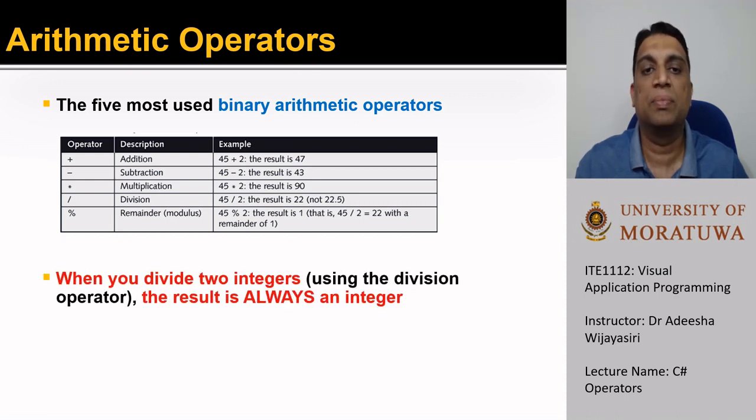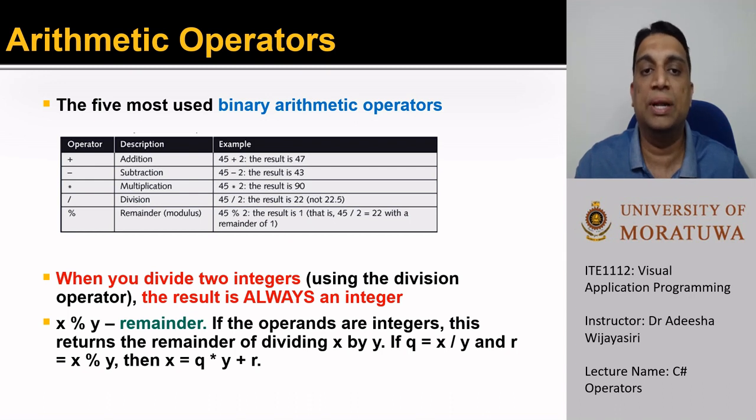In division, you can notice that if you divide two integers, the result is always an integer. So when you divide integer 45 by integer 2, the answer is 22 and not 22.5. Also, the result is always truncated towards 0.